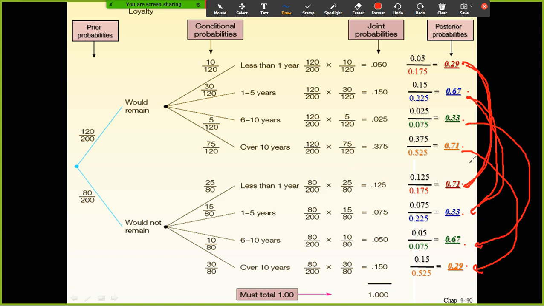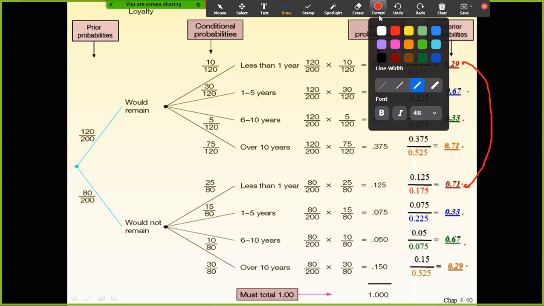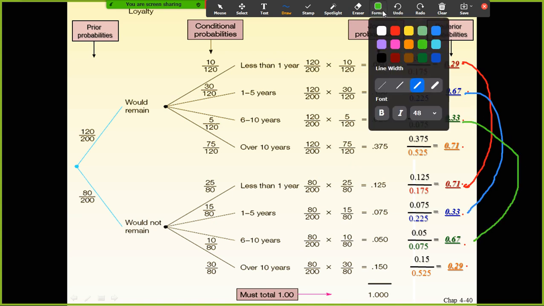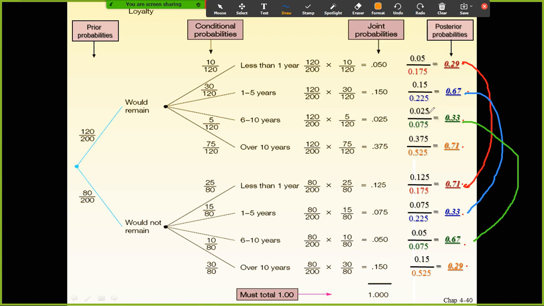Okay, I can use red, blue with blue, green with green, orange with orange. So this is red for less than 1 year.